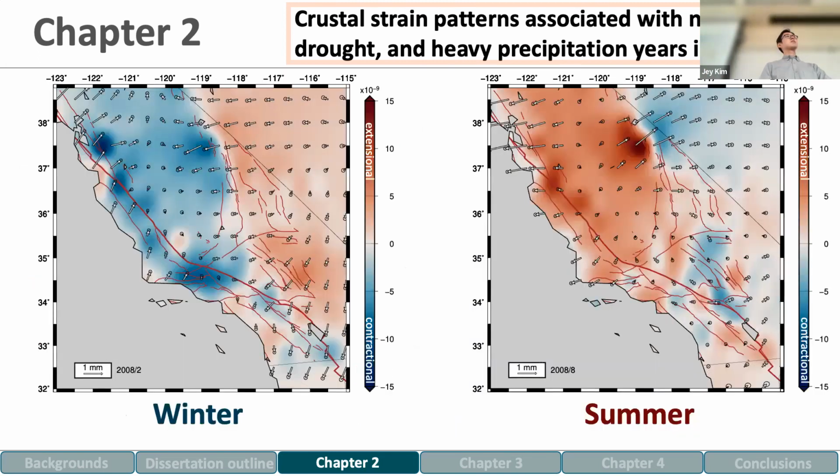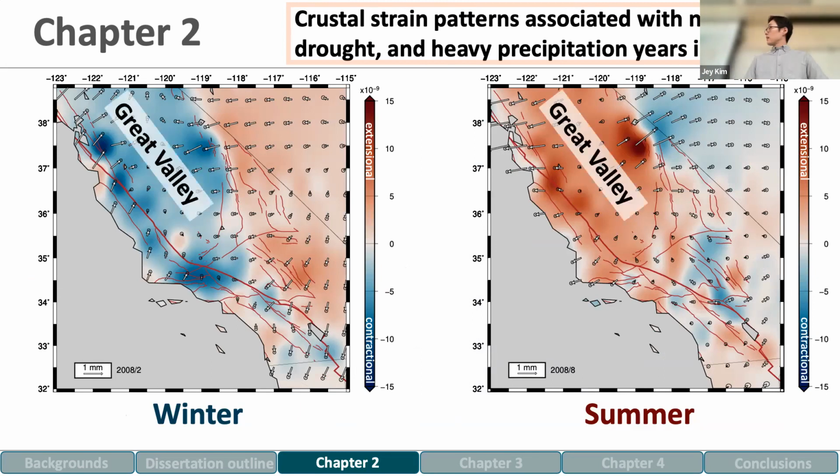And again, I have continuous residual displacement as a function of time, therefore I can obtain deformation as a function of time. The background is horizontal gravitational strain. Red means extension, blue means contraction. Here during the winter, around the Great Valley, you have a lot of contraction because your displacements are moving toward the Great Valley.